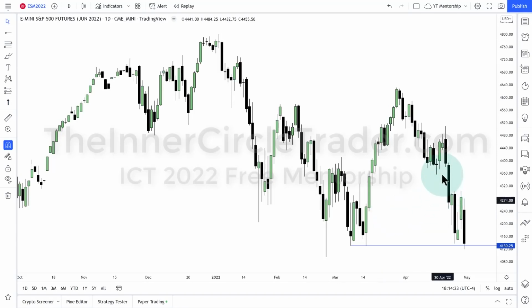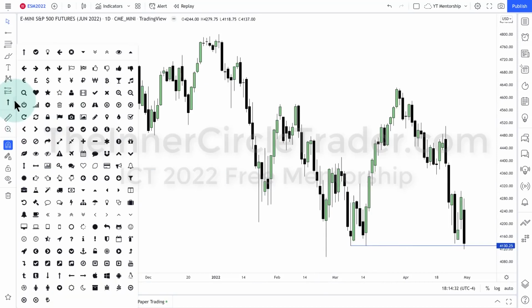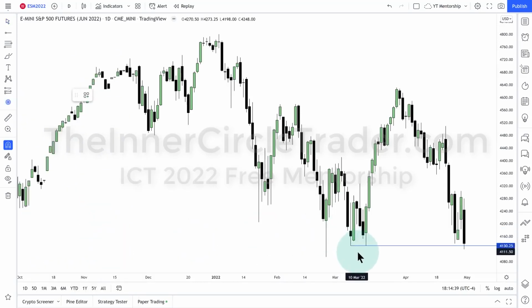So I outlined this area here in this low, and I said this would be the draw on liquidity. When you're on TradingView, over here there's a little segment where you can have a choice of certain things. Now you can do this so it looks like this is your bullseye where the market's going to draw to.